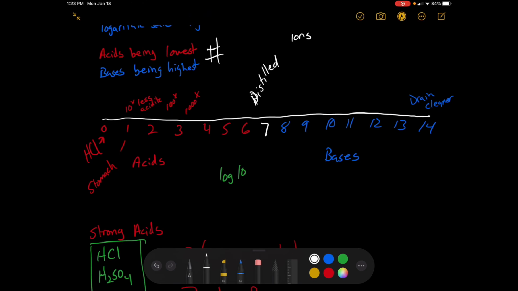Because tap water contains other ions. So tap water is actually not neutral, but distilled water is neutral. Okay. And then, say, for example, soap is going to be about number 12.